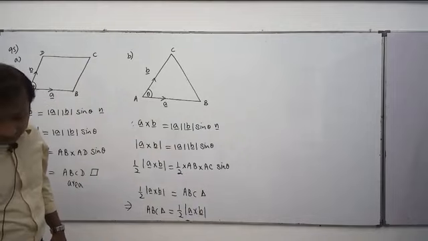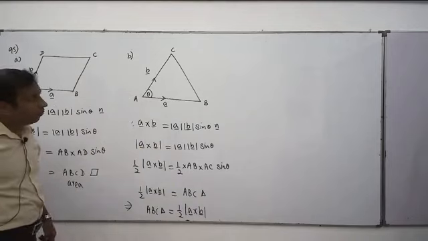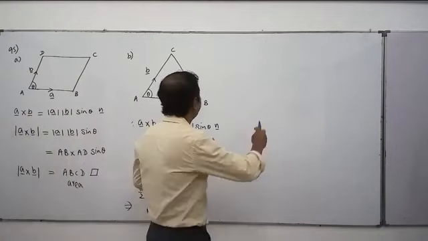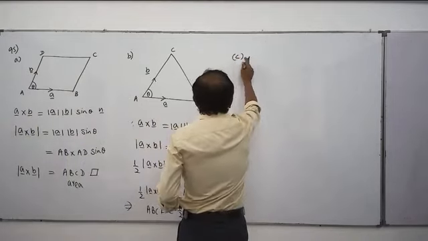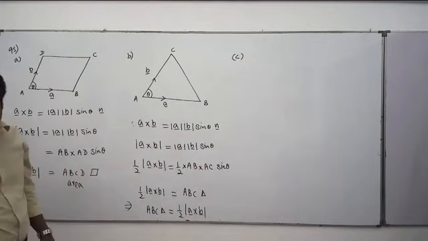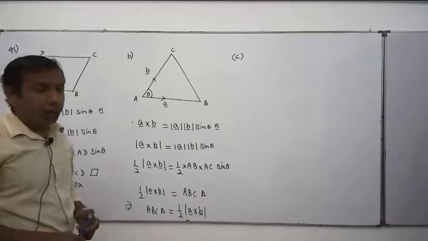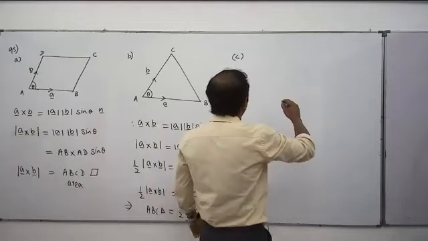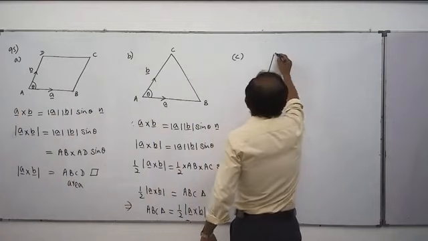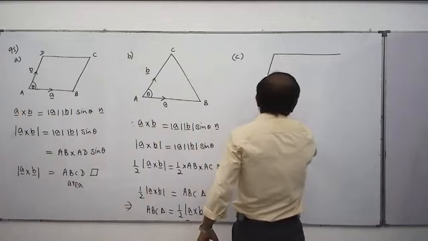Let me take its third part. 95, part C. ABCD is a parallelogram. The diagonals AC and BD intersect at O. ABCD is a parallelogram, given.